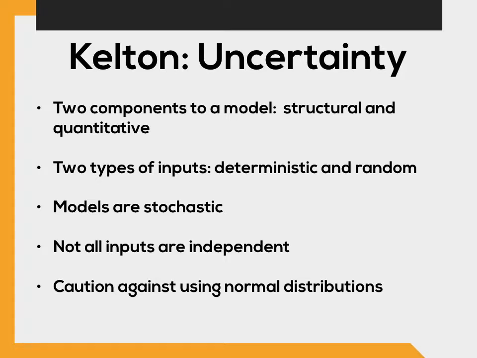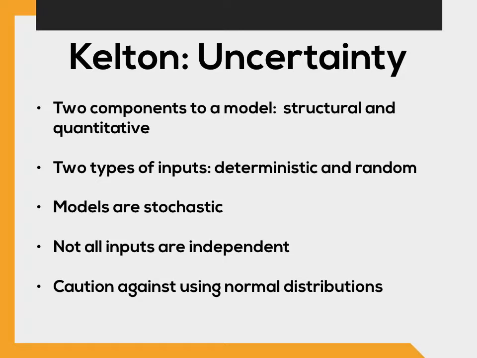The quantitative component of a model is saying how we look at making a reliable model using the correct quantitative components and not just the correct structural components. Kelton says there are two kinds of inputs, deterministic and random.